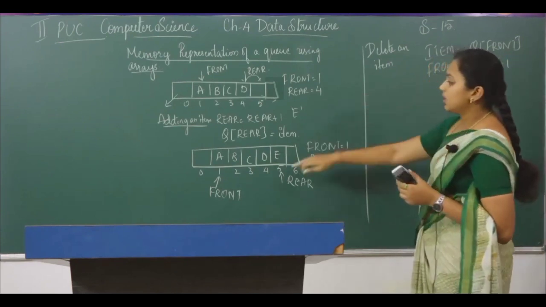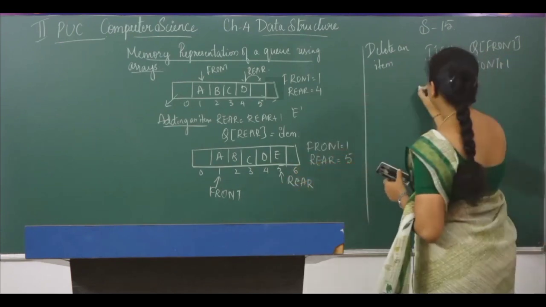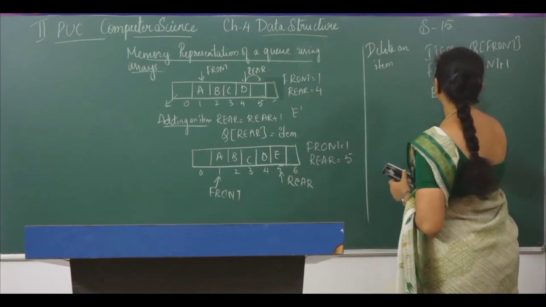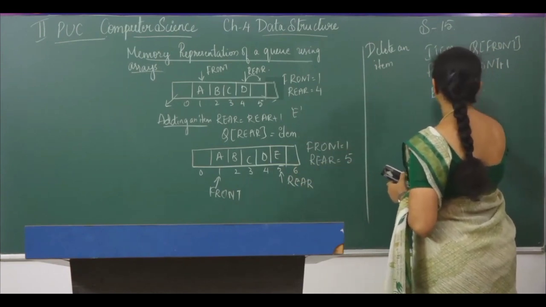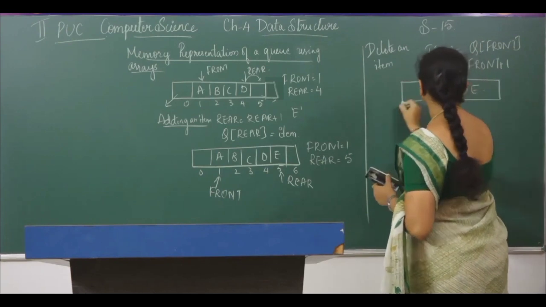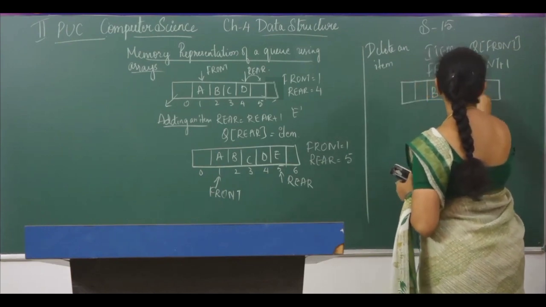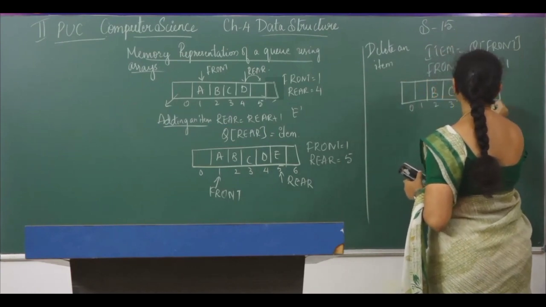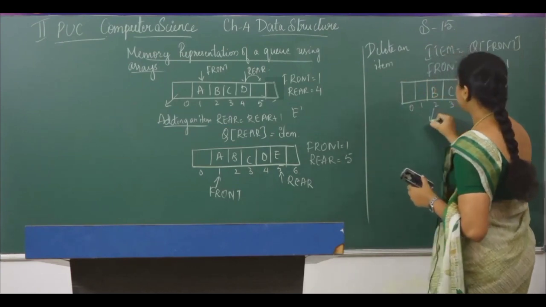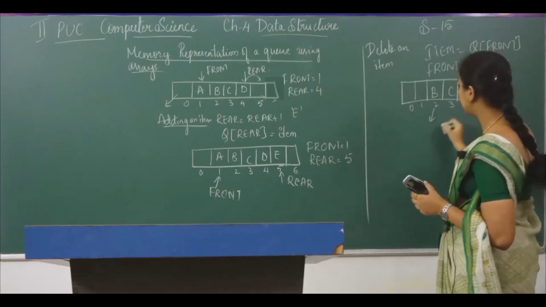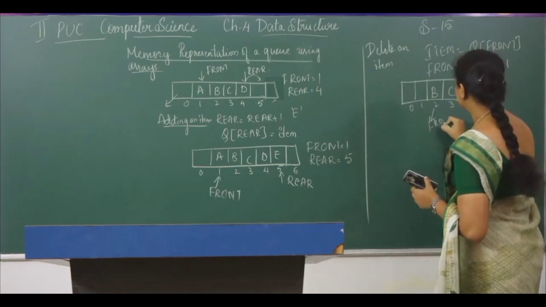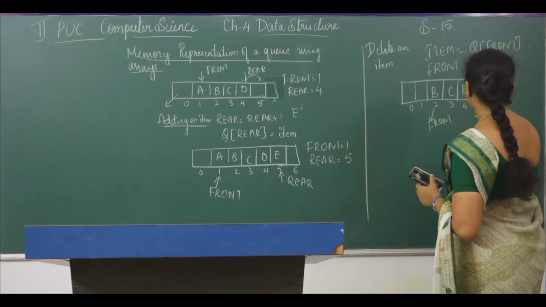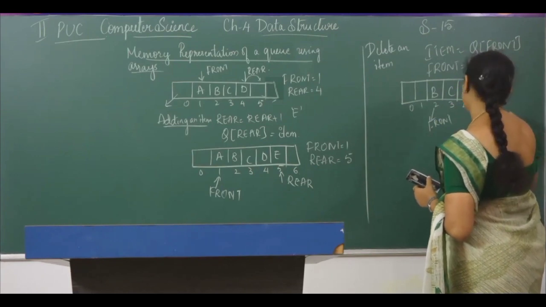So now the array becomes, front becomes front plus 1, and rear will be the same.